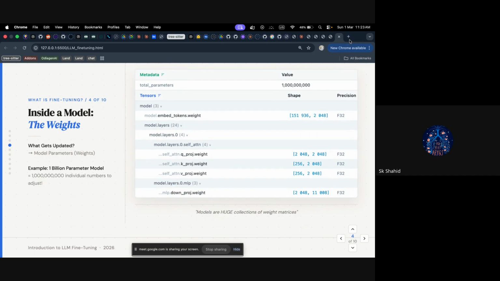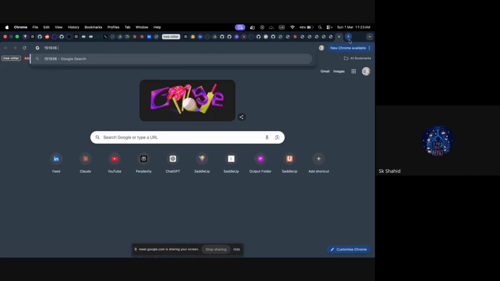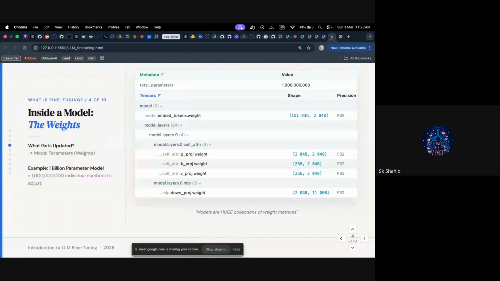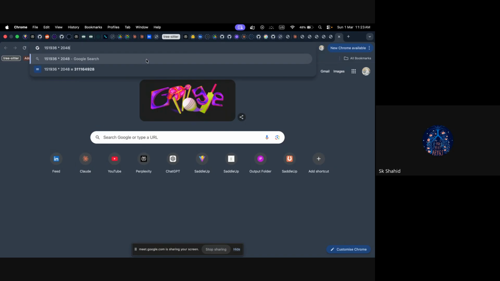Let me just multiply it: 151,936 by 2048. It will have around this much of parameters, too huge to calculate, something around 311 million.